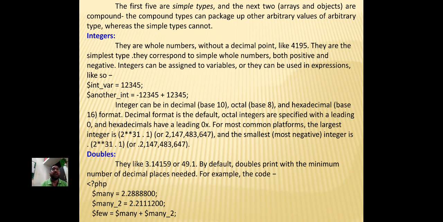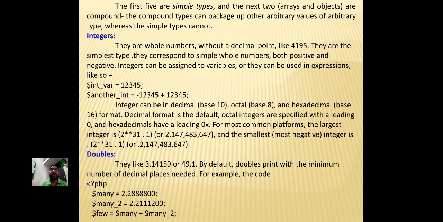Octal integers are specified with a leading 0 and hexadecimals have a leading 0x. For most common platforms, the largest integer is 2 to the 31 minus 1, or 2147483647, and the smallest most negative integer is the negative of that.